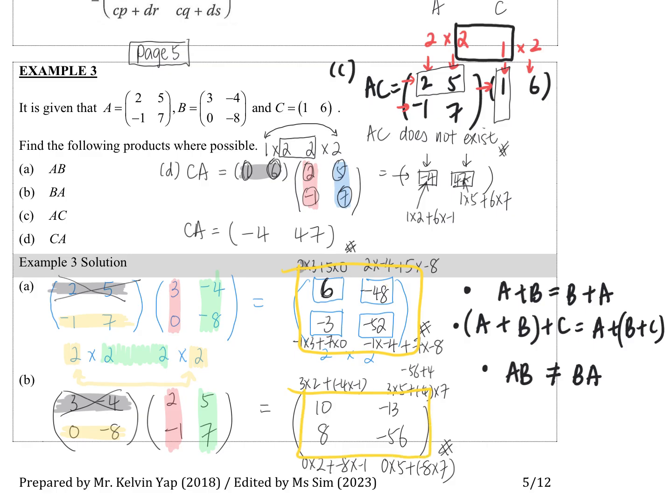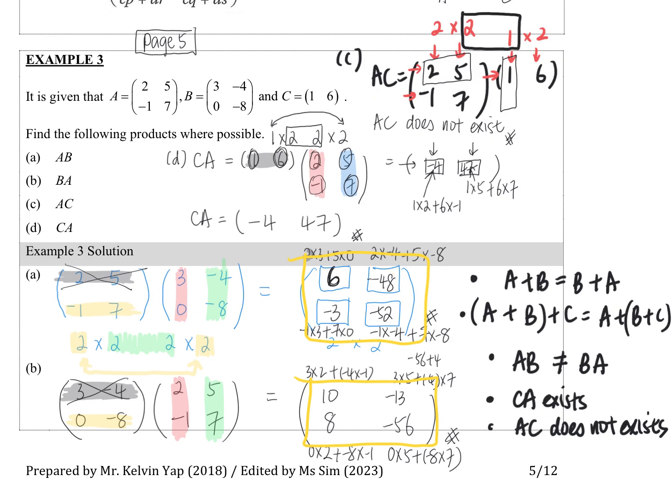And sometimes even if CA exists, it doesn't necessarily mean that AC exists. The reverse must not always exist. Sometimes you cannot even multiply them because of the order. This example shows you that the reverse might not exist, and the reverse are not equal.